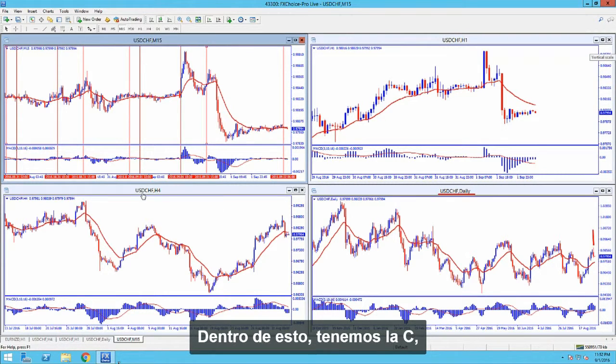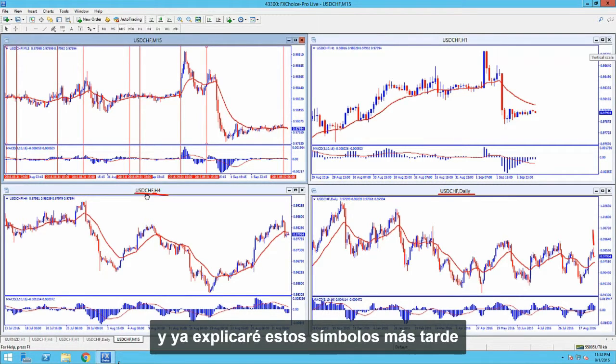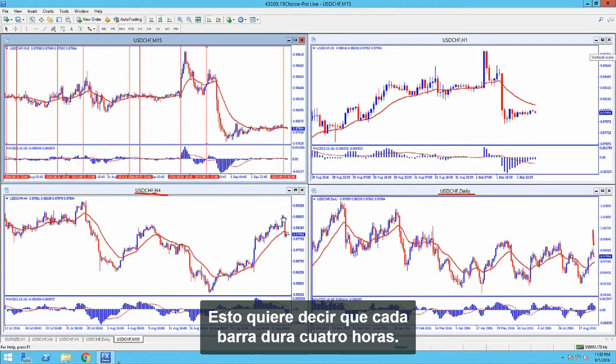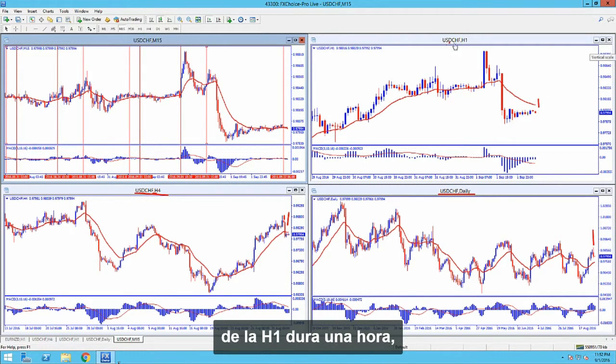Within that, we have the USD/CHF H4, and I'll get involved with all the symbols later in another video. That means that each price bar is 4 hours long. Here, each bar on the H1 is 1 hour long, and on the 15-minute chart, each bar is lasting 15 minutes.